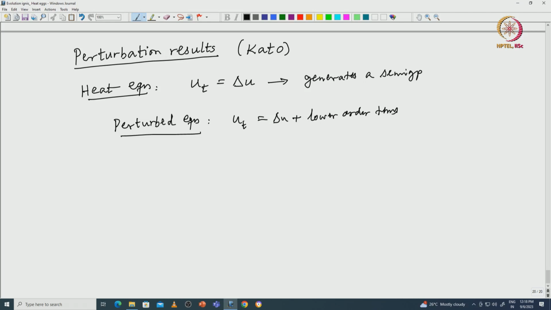So, we expect this perturbation by lower order terms not to affect too much and again expect this to generate a semi group.